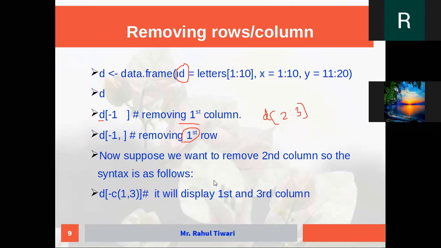If I'm saying displaying first and third, that means you have to remove this minus sign. Or if you want to keep the second column, then it will be correct. Either way is correct. Somebody is saying the answer is D minus 2, correct.